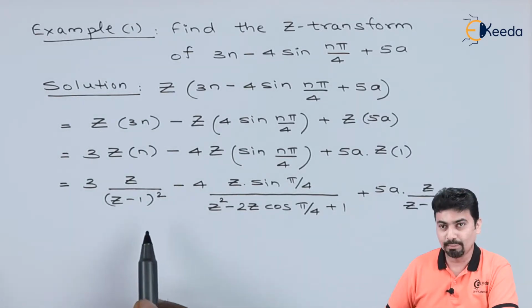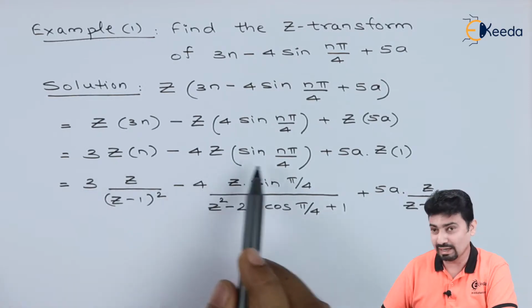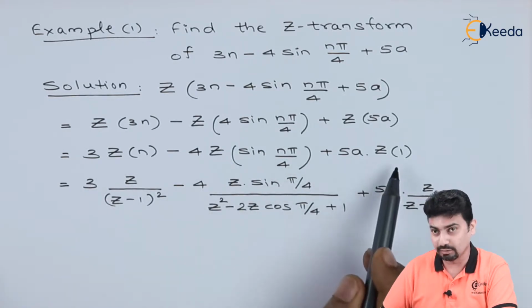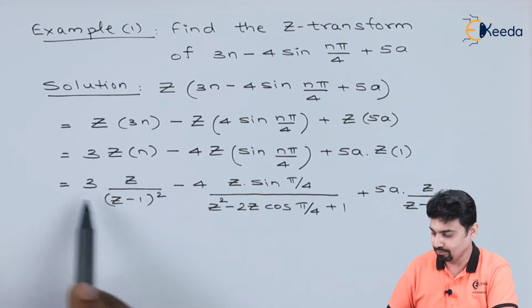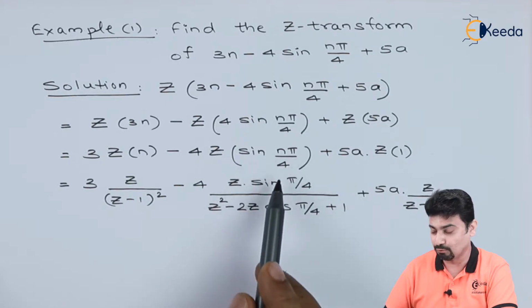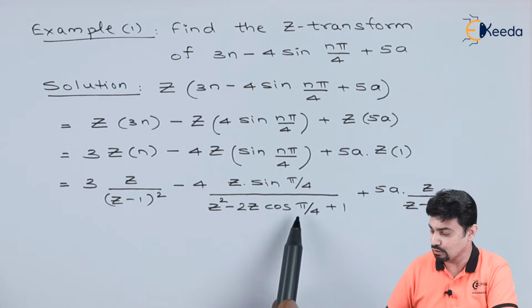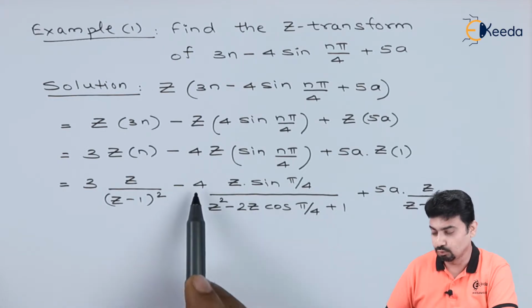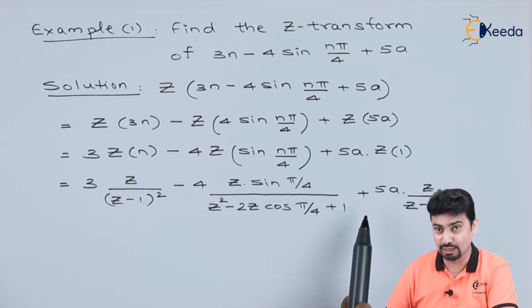Thus here, when we apply the Z transform of Z of n, Z of sine n theta and Z of 1, we get for Z of n, Z upon Z minus 1 the whole square into 3. Here for sine n theta, that is n pi by 4, Z sine pi by 4 upon Z square minus 2Z cos pi by 4 plus 1 into 4. And for the last part, 5a into Z of 1.